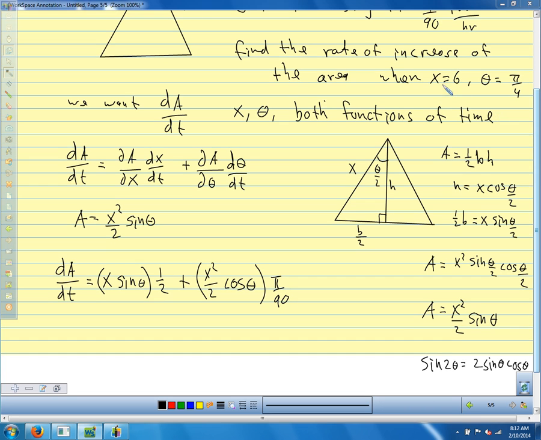And we want to calculate this when x is 6 and theta equals pi over 4. So we substitute in, calculate, and when I plug these in, we get dA/dt is approximately 2.566 square meters per hour.